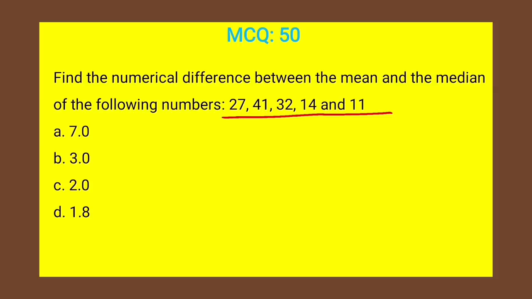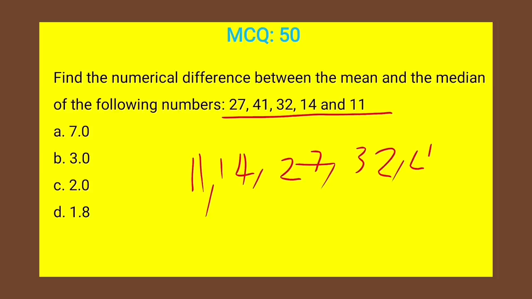To find the mean, just sum up all these numbers, 27 plus 41 plus 32 plus 14 plus 11, and divide by 5, since there are five numbers. For the median, arrange them in ascending order: 11, 14, 27, 32, and then 41.